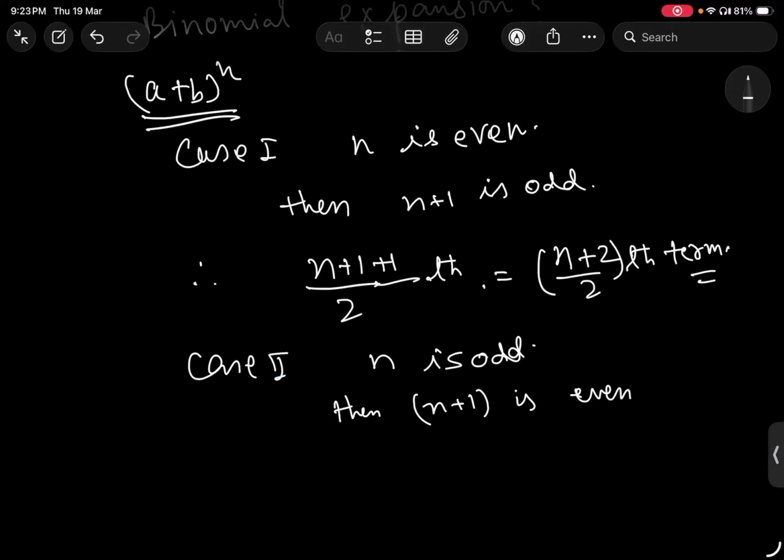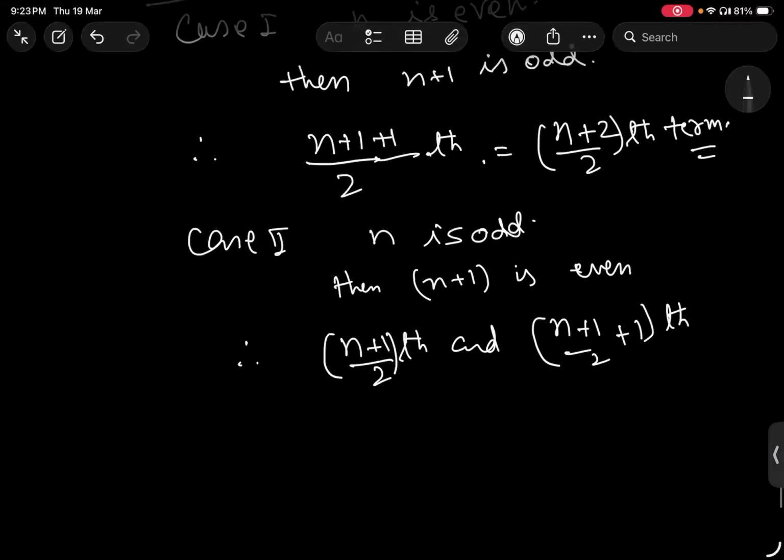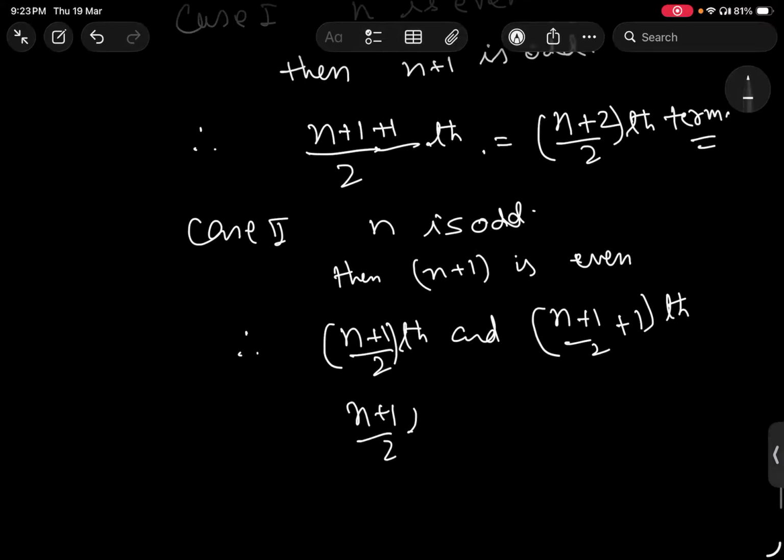So the first term will be the (n + 1)/2 th term, and then the (n + 1)/2 + 1 th term. We can write this as the (n + 1)/2 th term and the (n + 3)/2 th term. These two terms will be the middle terms.